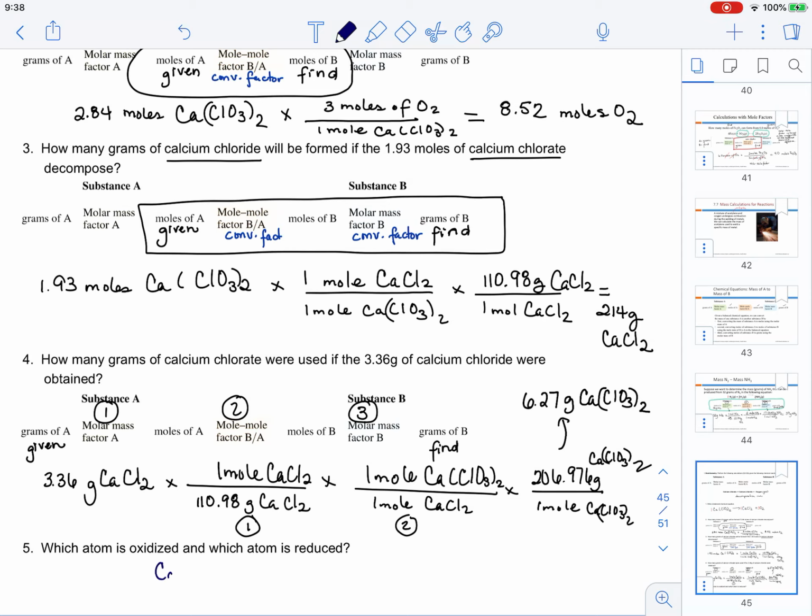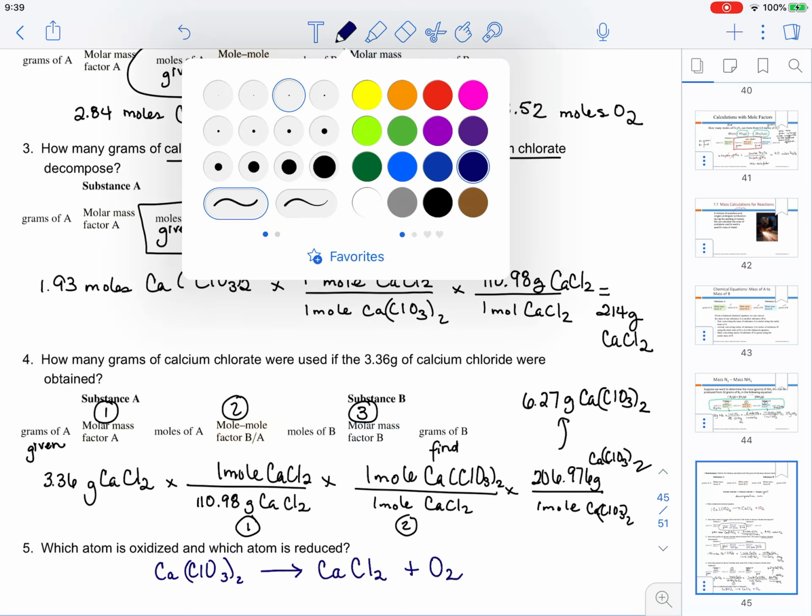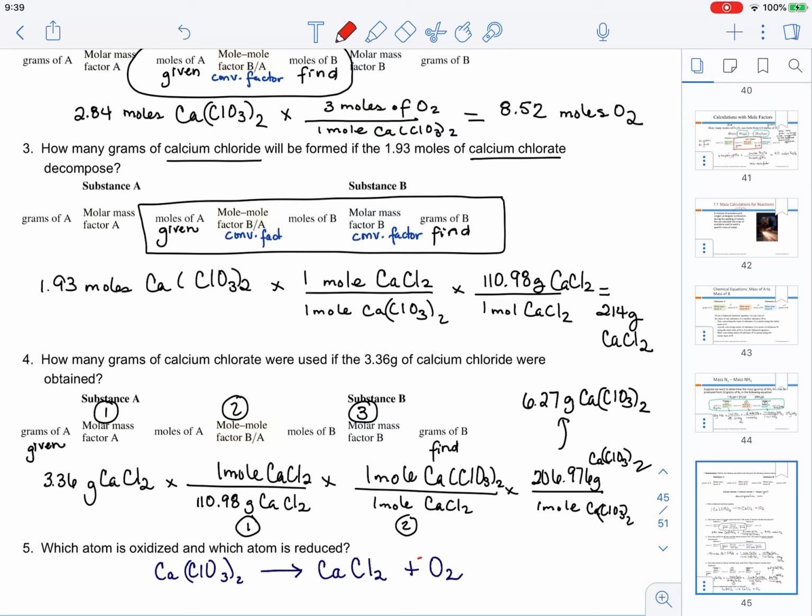So we have Ca(ClO3)2, and there's 2 of them. And then we have calcium chloride plus O2. When it comes to this reaction, the first compound is an ionic compound.